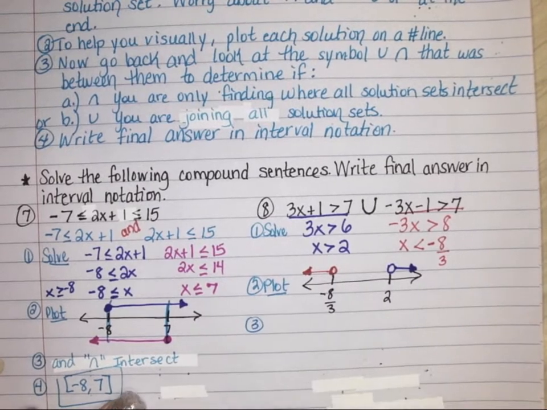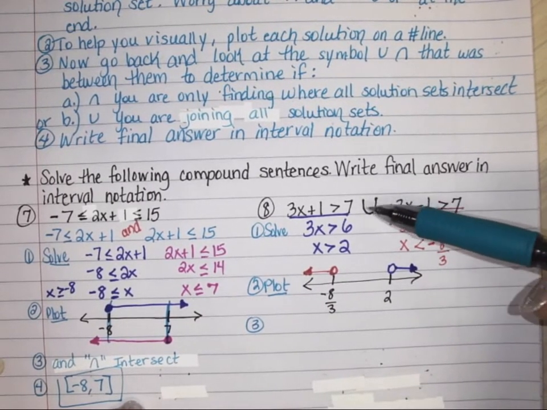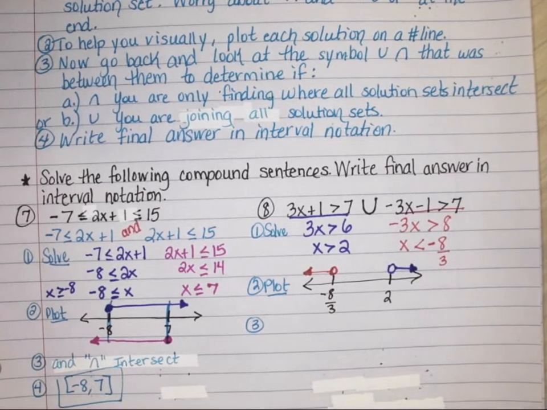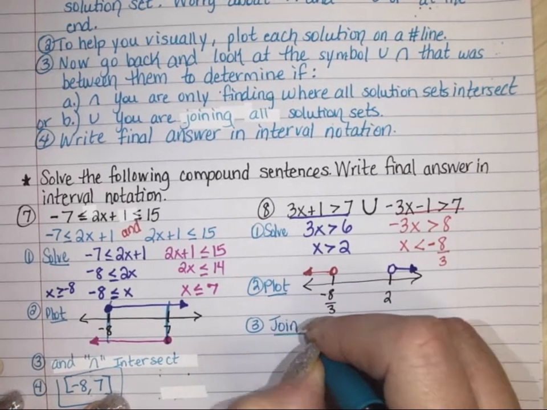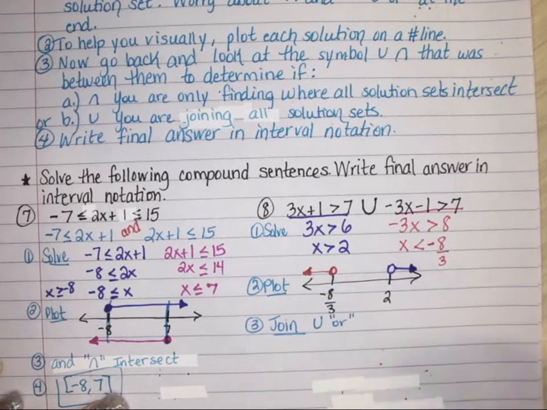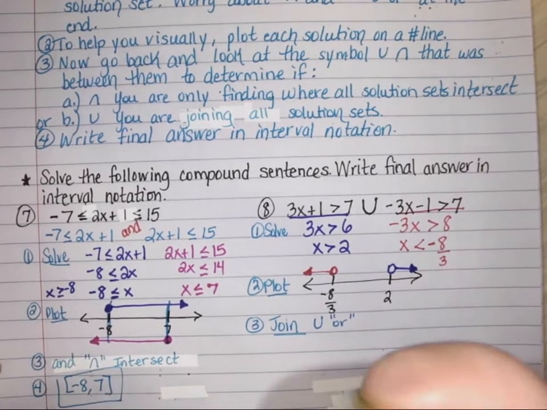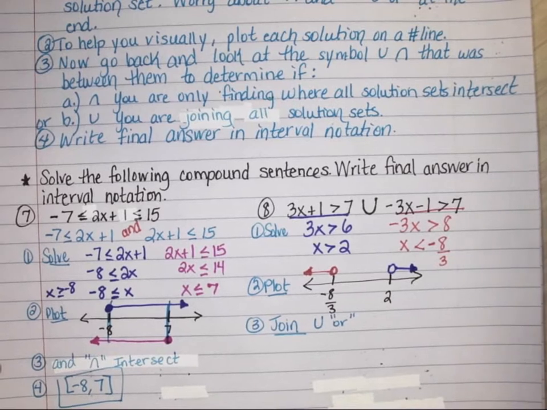Okay, number 3, we are going to go back and look at what they had in between them, what we're supposed to do with them, if we need to find out where they intersect or join them. In this case, you're going to join because I had a U, which also means "or." So we're trying to find out the numbers that would belong in either set of values.